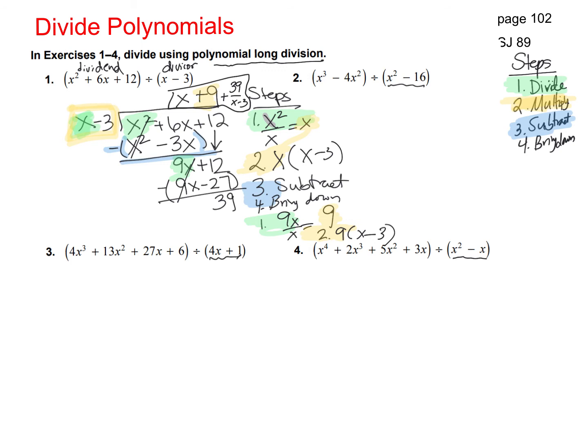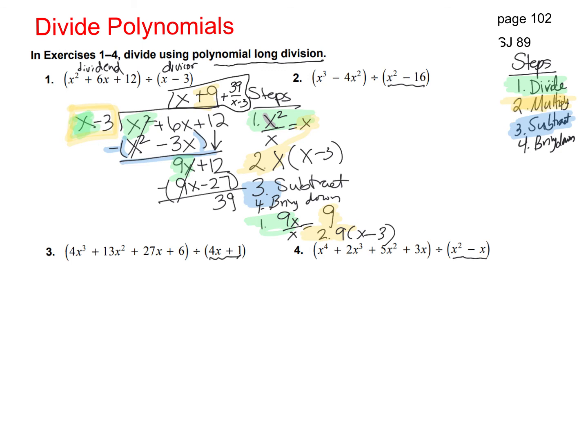For synthetic division, your divisor has to have a leading coefficient of 1, and it has to be a linear divisor. So number 1 and number 3 are linear divisors, so it is possible to use synthetic division for those. Although for number 3, there's a leading coefficient of 4, which means you would have to divide every single term by 4 to be able to use synthetic division.